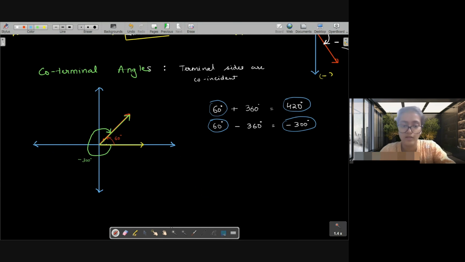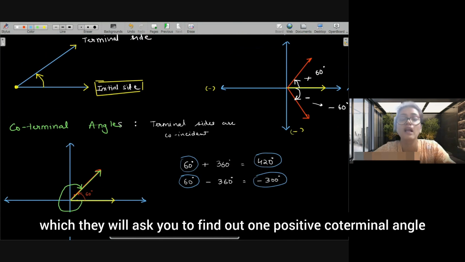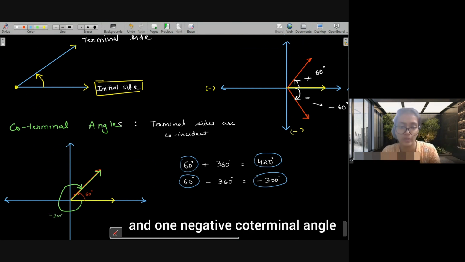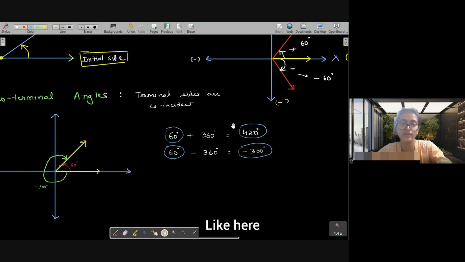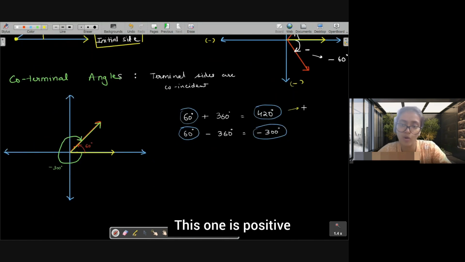So there are questions in which they will ask you to find one positive coterminal angle and one negative coterminal angle. Like here, we found one positive coterminal angle. This one is positive and this one is negative.